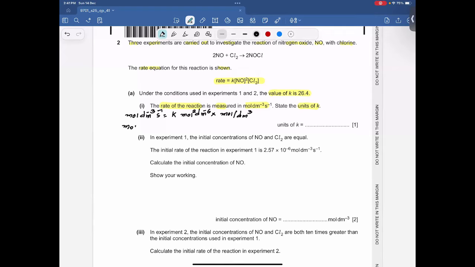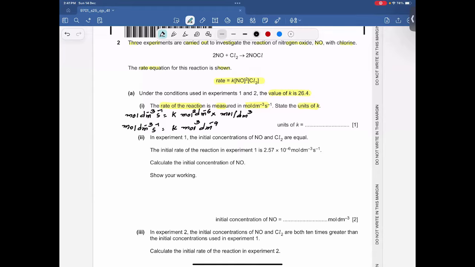So the unit is going to be mole per dm cube per second, or second inverse, is the same thing, equals to K. When the two units are multiplying together, I'm going to add up the powers. So it's going to be mole cube dm minus 9.